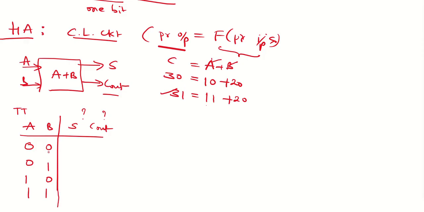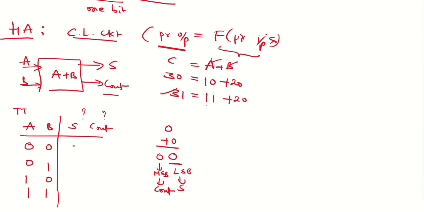When we add 0 plus 0, the sum is 0 and the carry is 0. The least significant bit, on the right side, is called the sum. The most significant bit, on the left side, is called the carry.